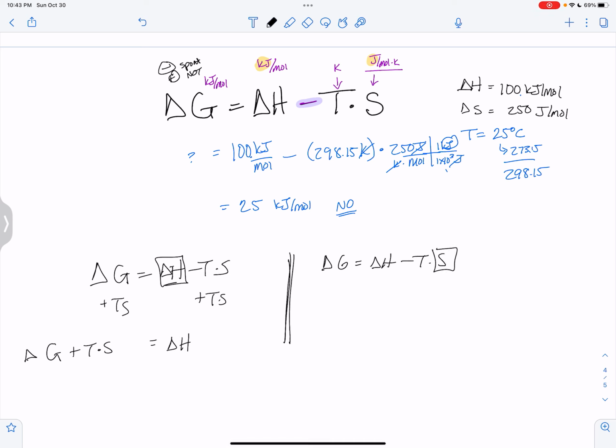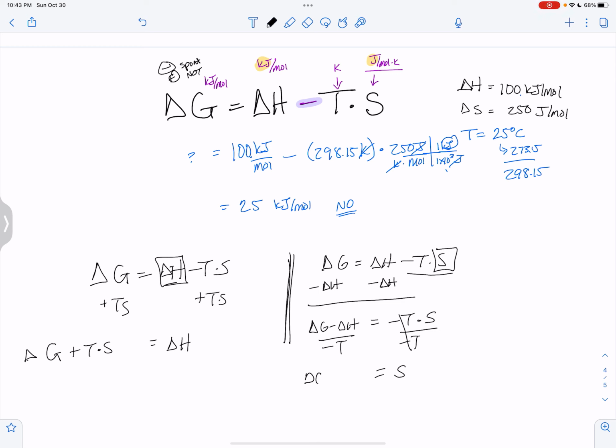If I want to solve for S, then I'm going to try to get this whole term by itself first by subtracting delta H from both sides, so that I have delta G minus delta H equals minus T times S. And then I divide both of them by negative T. That way I'll be solving for S and not negative S. And so that's what this is going to be: delta G minus delta H over T. And you don't have to keep the negative by the T. You could put the negative in the front, whatever you like. But that's rearranging it to solve for S.